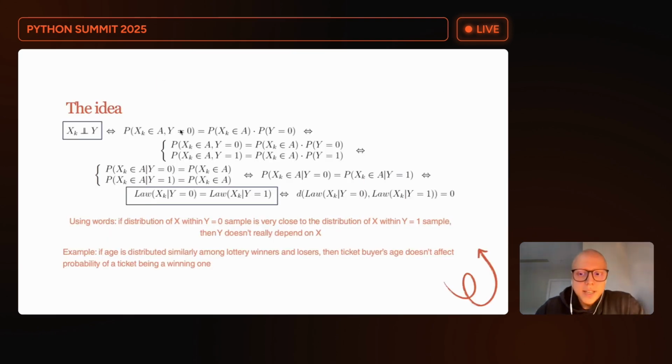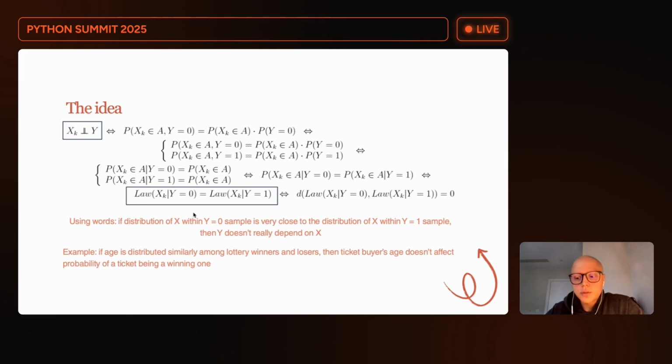So the idea, there is some formula, some proof actually, but the idea using words is very simple. Imagine that you have two groups, like patients, for example, one that has some disease, the other patients that do not have that disease.